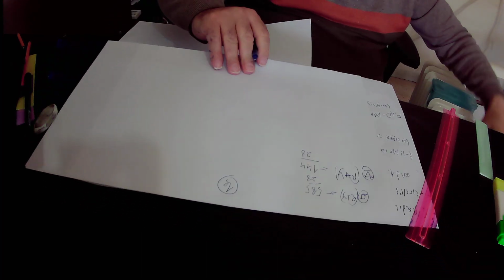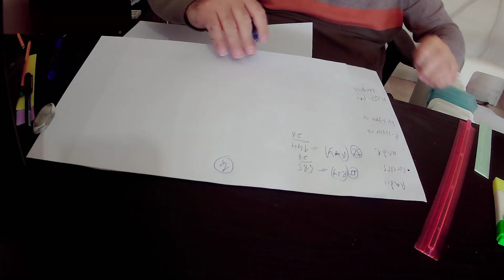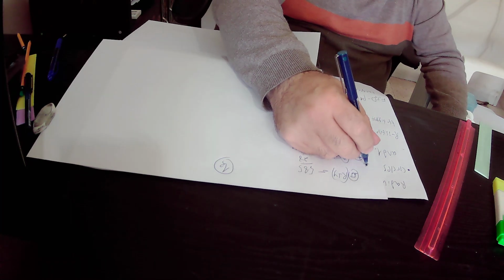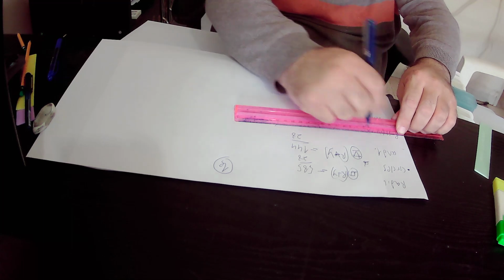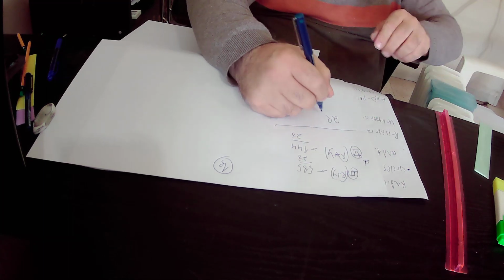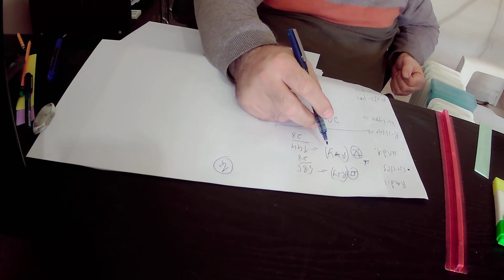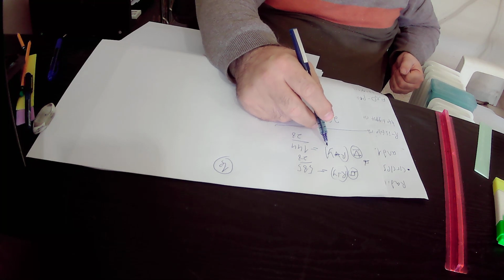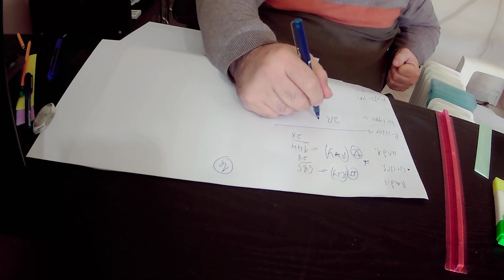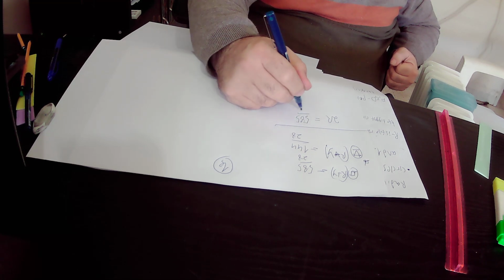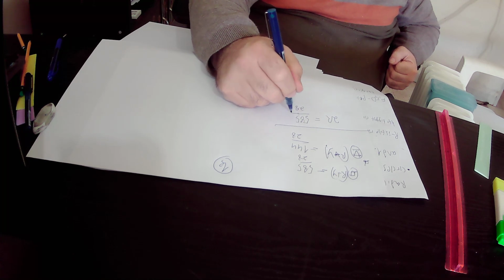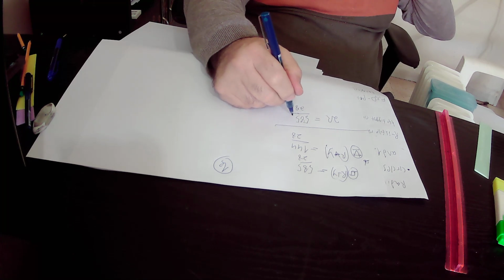So here we will add equation number 2 to equation number 5, and we will get that r plus r equals 2r, and y plus minus y, that is y minus y, is 0, and it equals 585 over 28 plus 144 over 28.